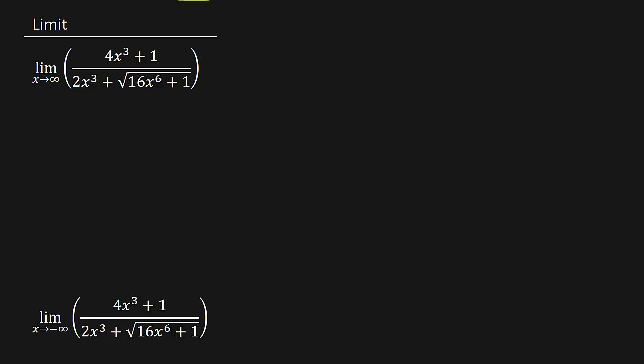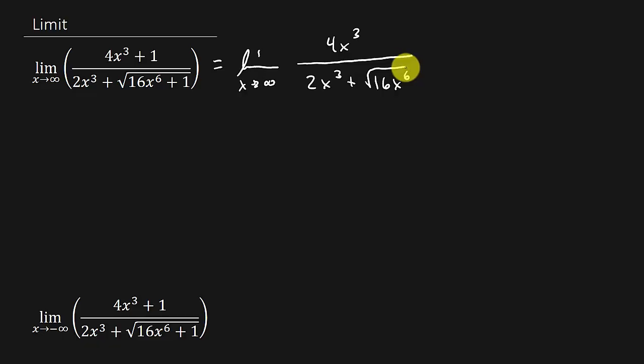All right, so the way that I do limits that are going to infinity is I keep the term with the largest exponent in the numerator and the term with the largest exponent in the denominator. So this is going to give me the limit as x goes to infinity of 4x cubed over 2x cubed plus the square root of 16x to the sixth.